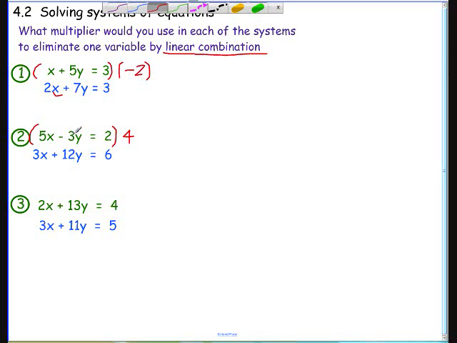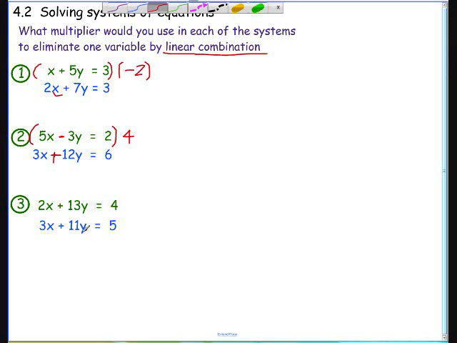Well, I noticed that 3 is a factor of 12, so I wouldn't have to do anything too complicated. I also noticed that this is already a negative, while this is a plus, allowing me to add without having to do any more sign changing. Up here I had to do sign changing.